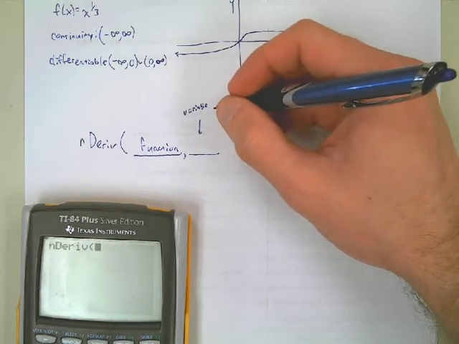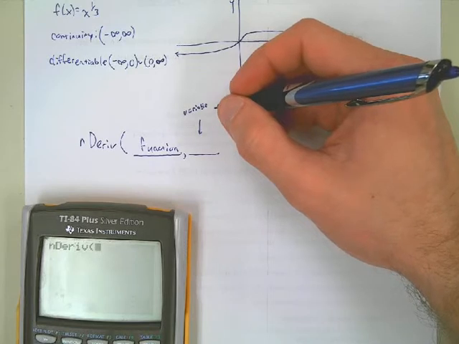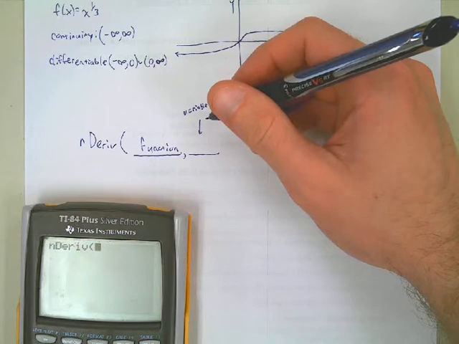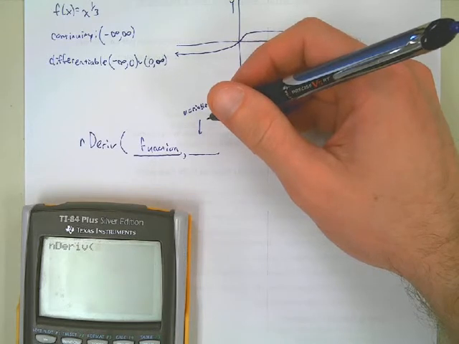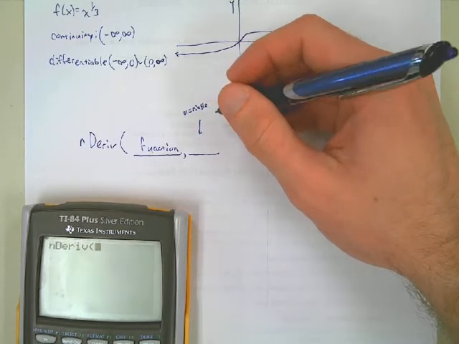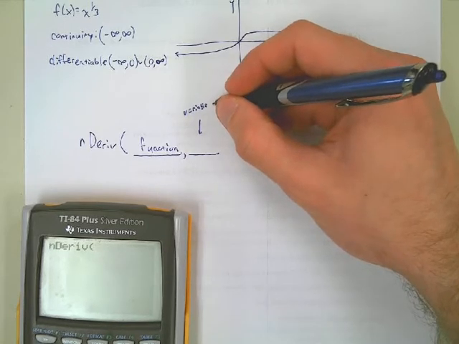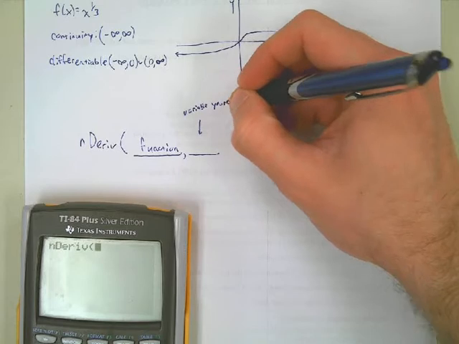Basically, you're screwed if you don't have one of these. It's basically the variable you're taking the derivative with respect to.